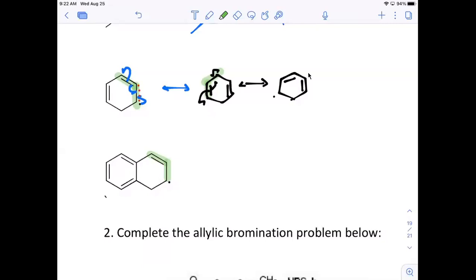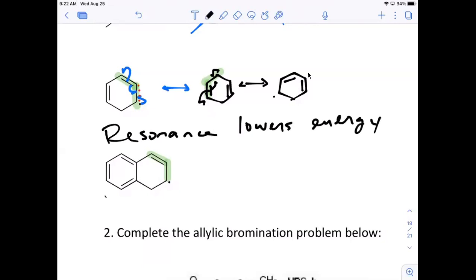The other reason is if you can do resonance, it ends up lowering the energy of whatever system you're working with. Anytime you're doing chemistry, if you're able to lower or decrease the energy, that's stable. That's a stabilizing effect. All right. So what would you do here?